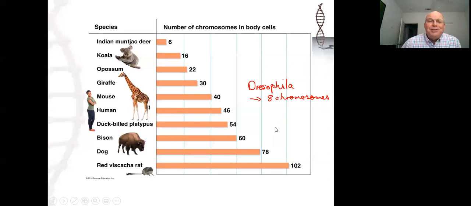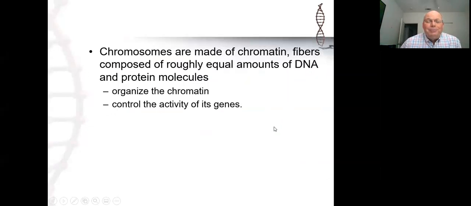But the point behind this is those chromosomes, remember again, are what are going to be passed on from one generation to the next. So one of the issues that we have with all of this genetic material is packaging it into the nucleus. The nucleus is quite a small organelle, and quite a small space.